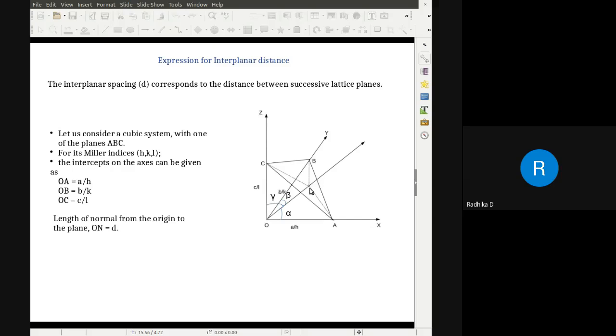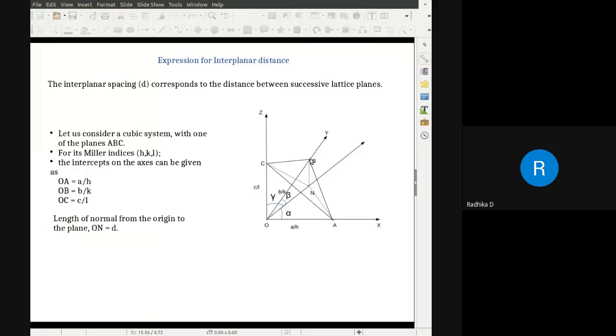ON is the normal, but this normal is nothing but the distance to the next plane, that means it is the interplanar distance. I have taken a point N here. So this ON is the normal which is the same as the interplanar distance, the distance between the different planes in this crystal.